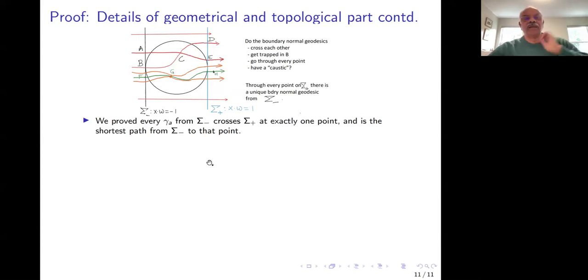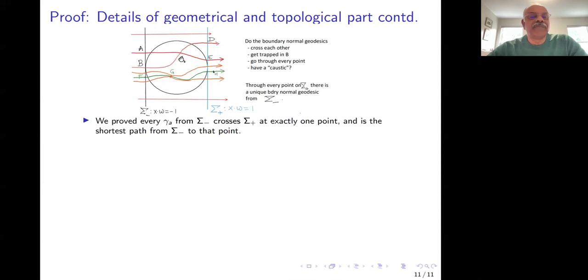Let's do the surjectivity, which is fairly straightforward. Let's say there is a point, which I'm drawing, say C. Why is there a boundary normal geodesic going through C?